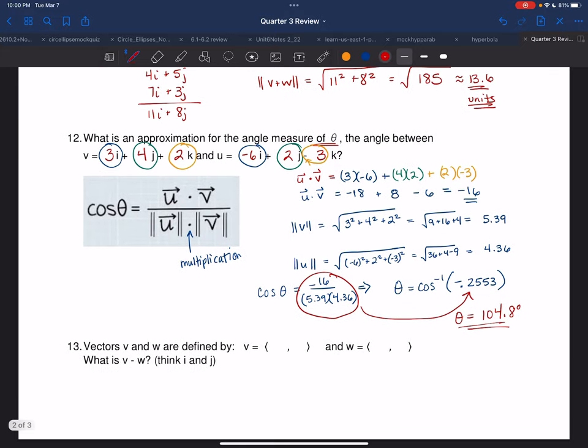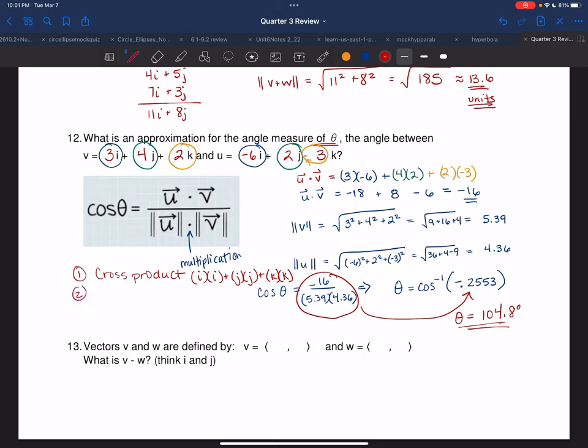So let's get our process down. Step one, we do the dot product. So we took i times i plus j times j plus k times k.